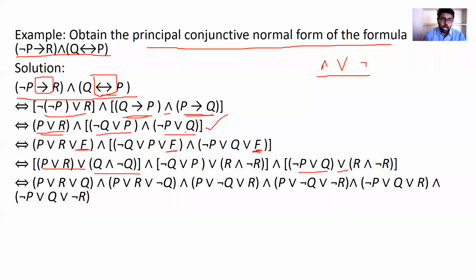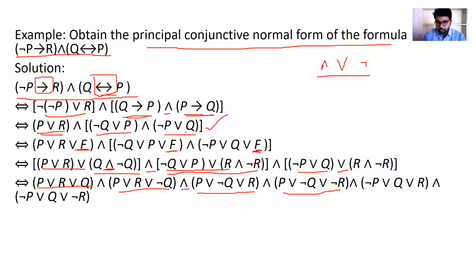P or R or Q, and again P or R or negation Q. And again negation Q or P or R. Negation P, negation Q or P or R. And in the next step, again negation Q or P or negation R. I am applying the distributive law.